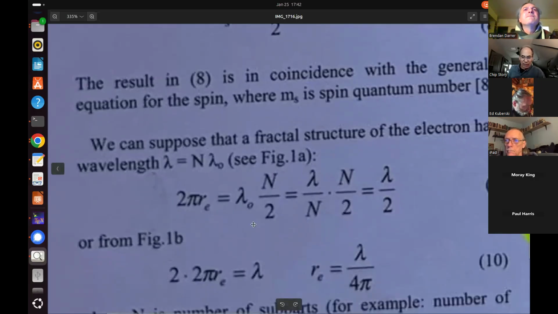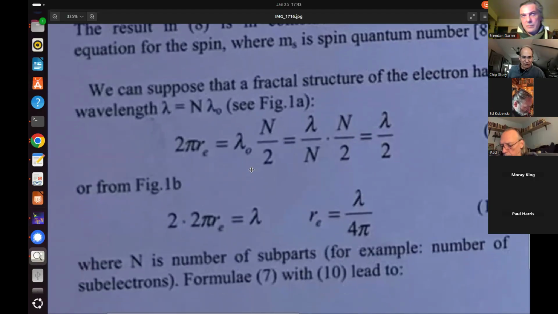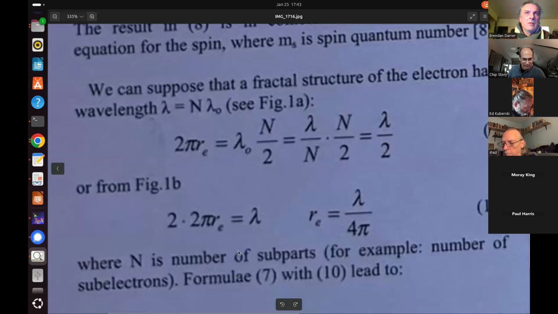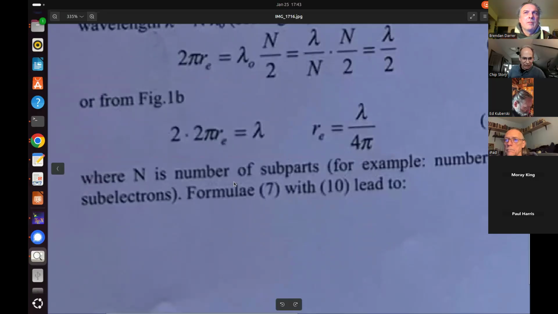We can suppose that a fractal structure of the electron has a wavelength lambda equals n lambda sub 0, 2 pi radius. That's the diameter. From figure 1b, where n is the number of subparts, we'll just skim through this very quickly. We're trying to pick out the main parts that he's throwing into the equation. For example, the subparts could be a number of subelectrons.